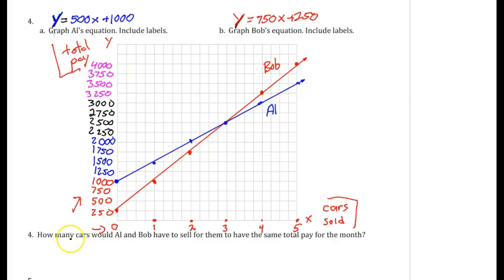So the next thing it asks is how many cars would Al and Bob have to sell for them to have the same pay? Okay. So basically, where do they intersect? Right here where they intersect.